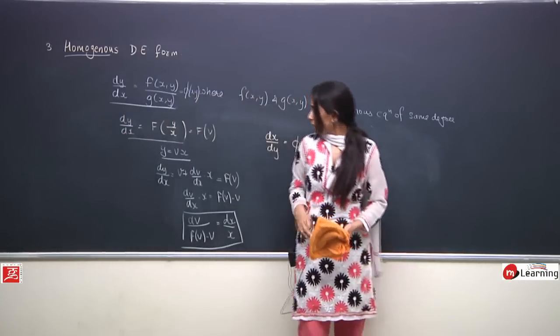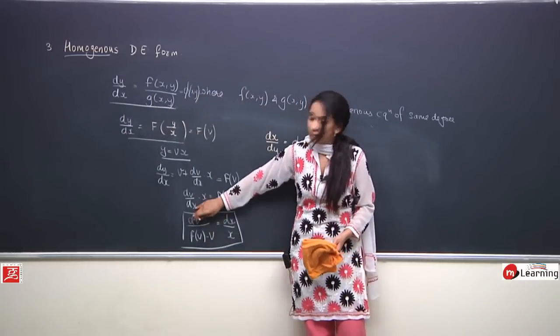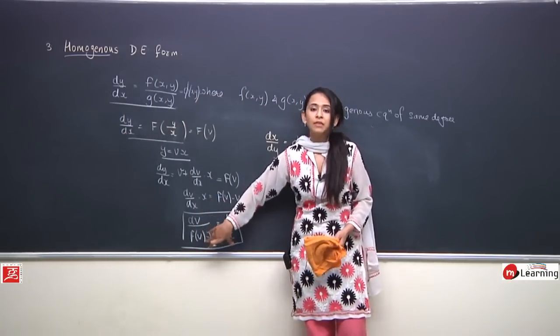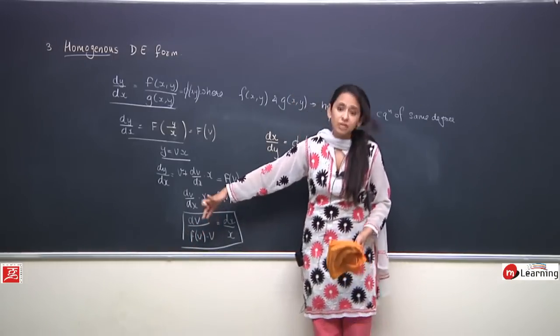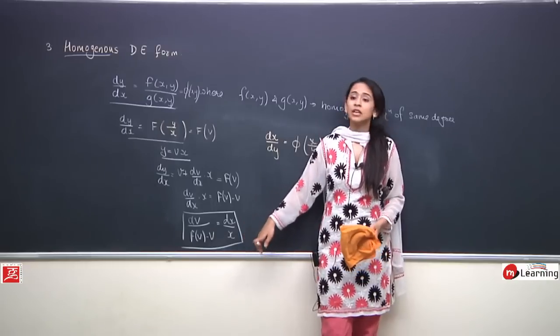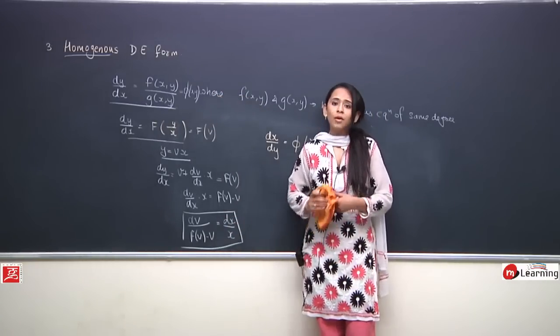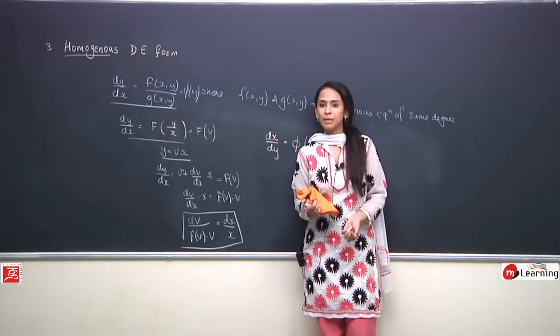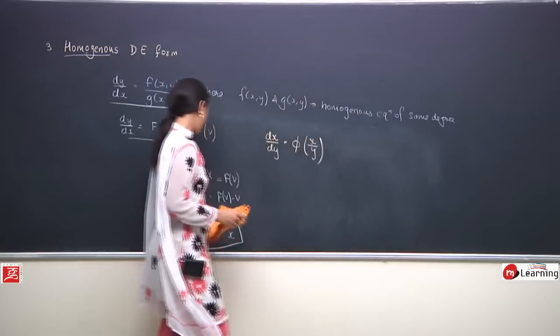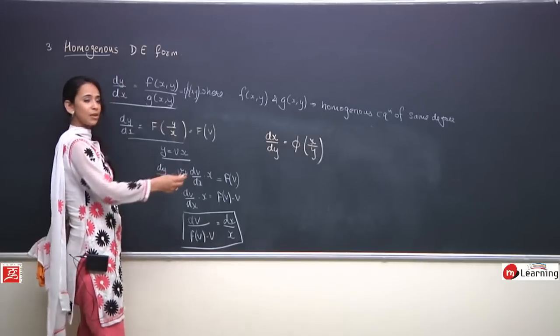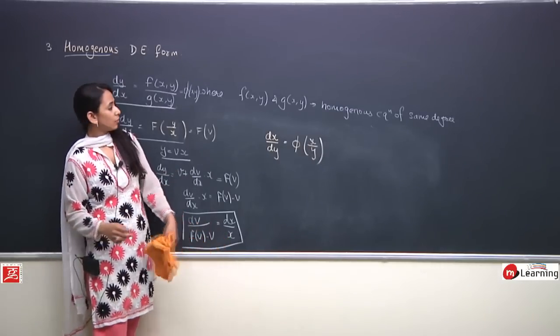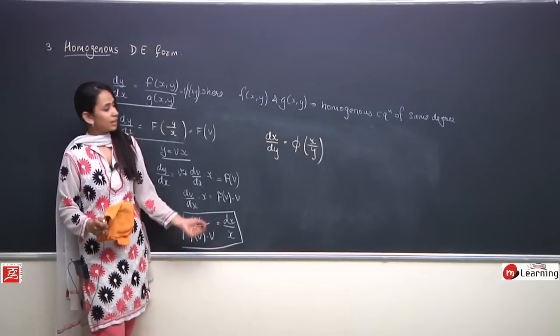I say this is a variable separable form. dv upon f of v minus v, v के variable सारे एक साथ, v का function पूरा एक तरफ, and dx upon x. So this equation which was in homogeneous differential form, now we have reduced it to variable separable form. और variable separable forms solve करना सभी को आता है. We'll integrate on both sides plus a constant.